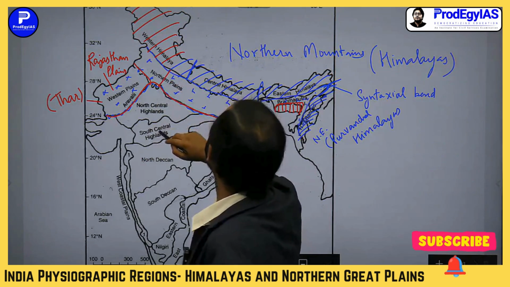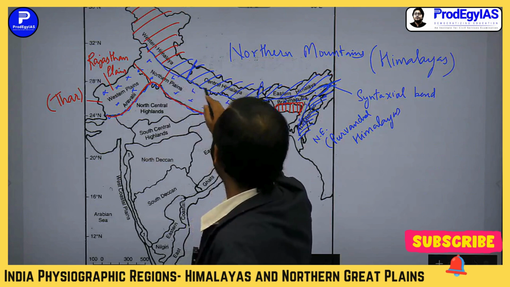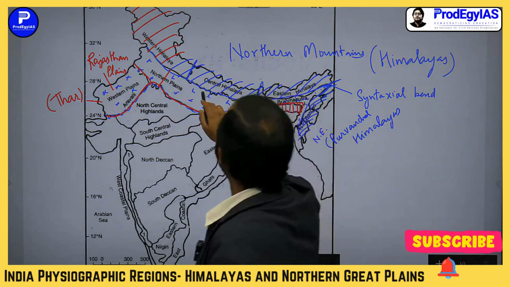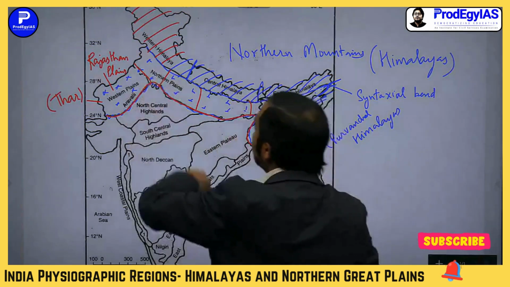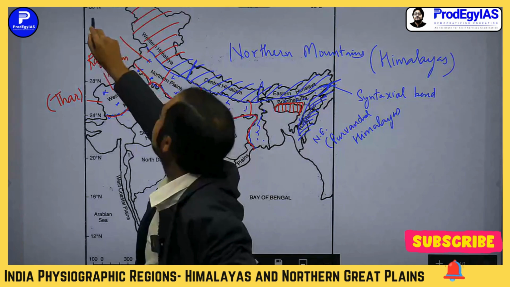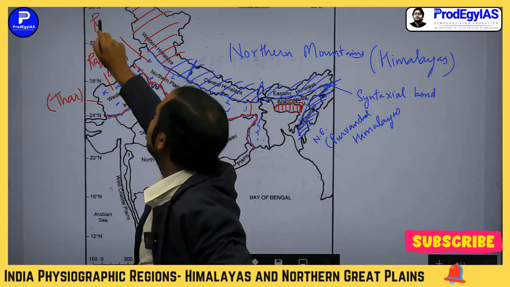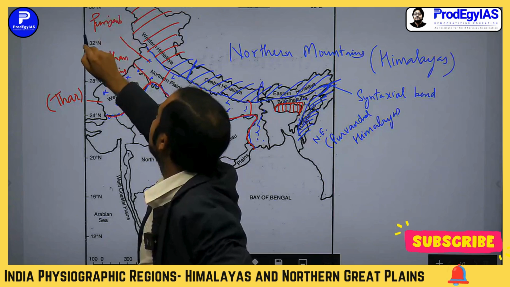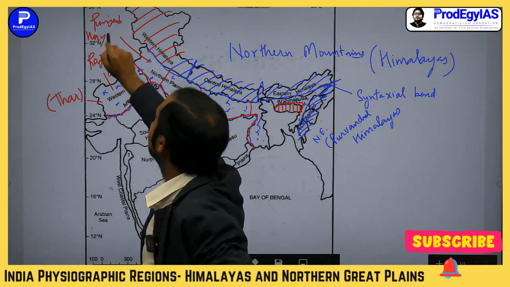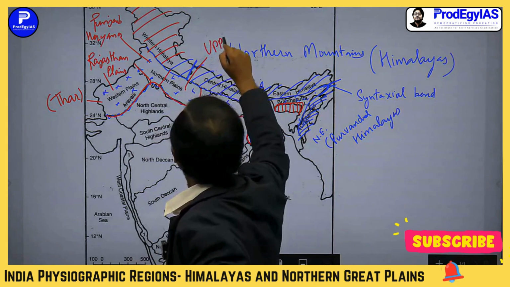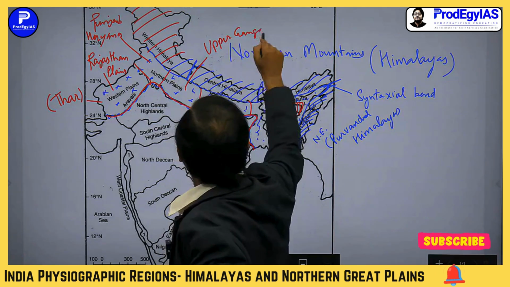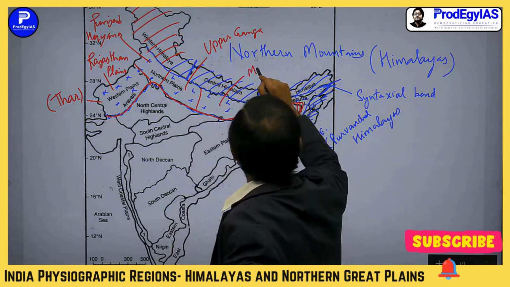Then this is your upper Ganga plains, middle Ganga plains, and lower Ganga plains. Means this is Rajasthan plain, this is Punjab Haryana plains. Then this is upper Ganga plain. This is middle Ganga plain.